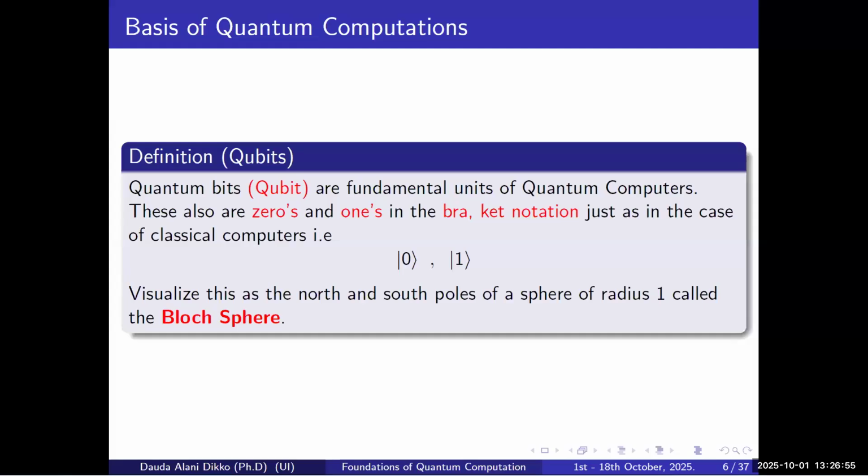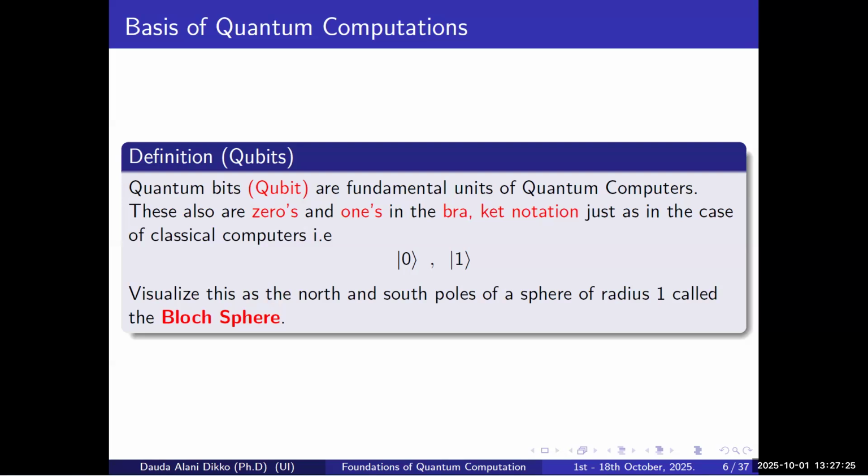Then, what is the basis of a quantum computation? For a quantum computation, we talk about quantum bits. For classical bits, we use zeros and ones. For quantum bits, we use matrices and a combination of the 0 gate and the 1 gate. These zeros and ones are either in the graph form or in the position form.